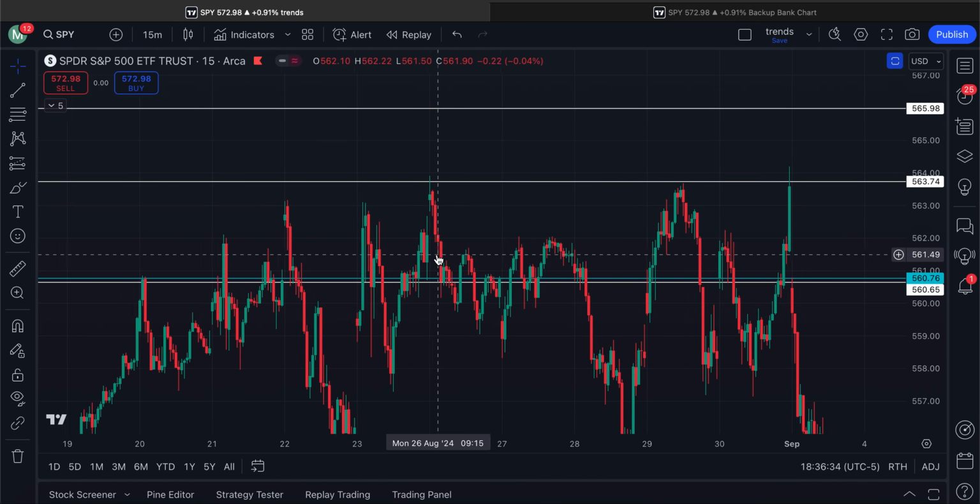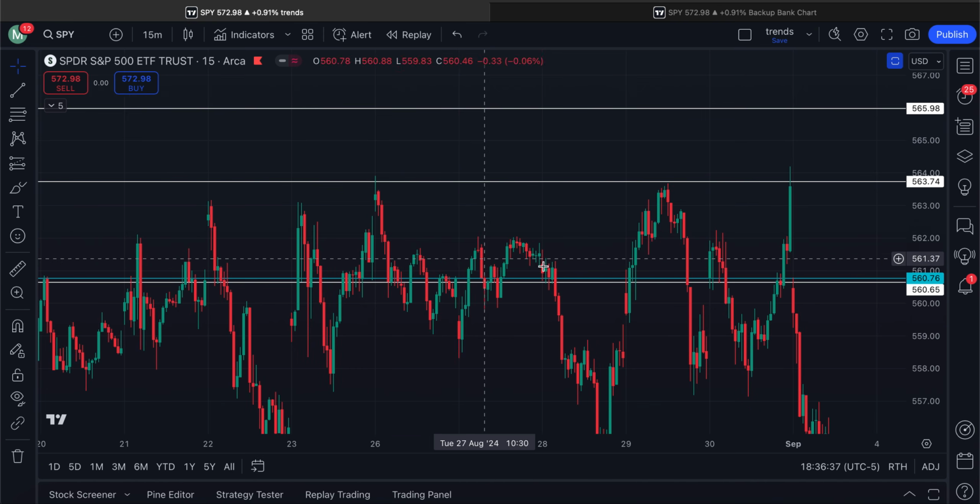Damn, right here got me stumped on where exactly I want this level, but I think I'm just going to base it off the most recent price action we got. I'm going to stick with 560.65.